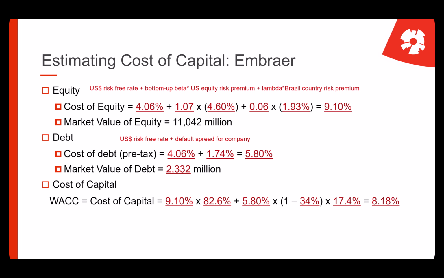Now, the weights are 82.6% equity and 17.4% debt. If we multiply through, the WACC comes out as 8.18%. Now, this WACC represents Embraer's blended cost of financing, and it's appropriate to use as a discount rate to value the firm's free cash flow.